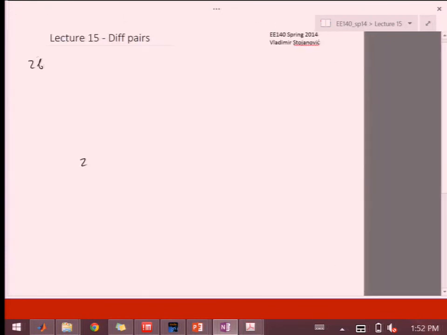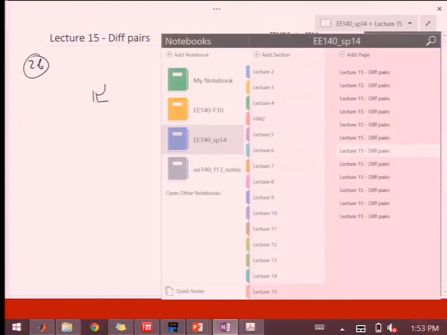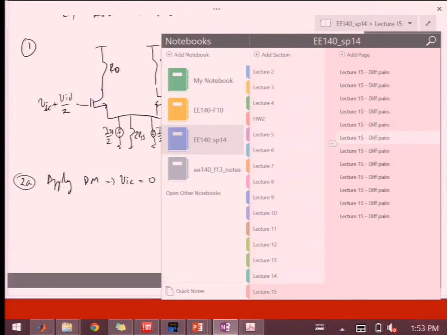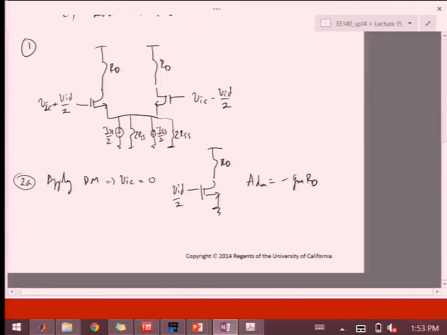For 2B, I'll cut this node because there's no current.